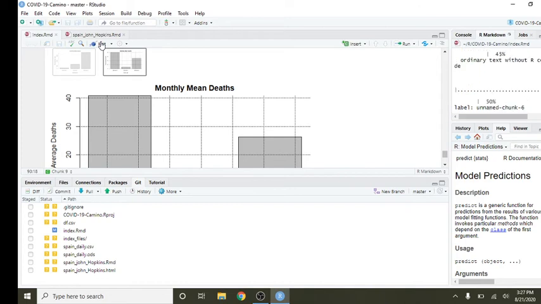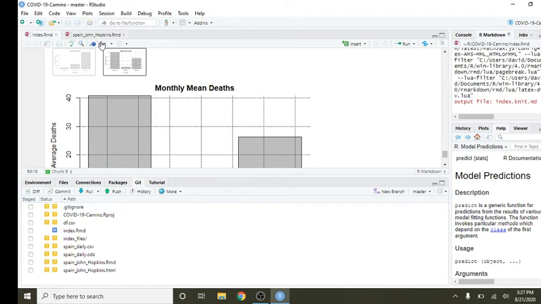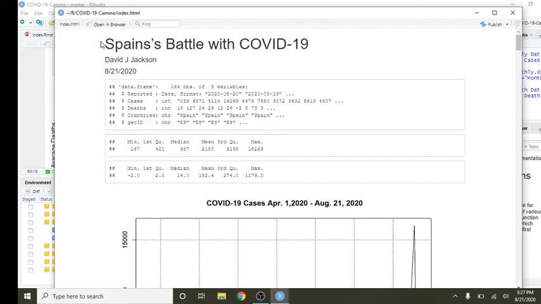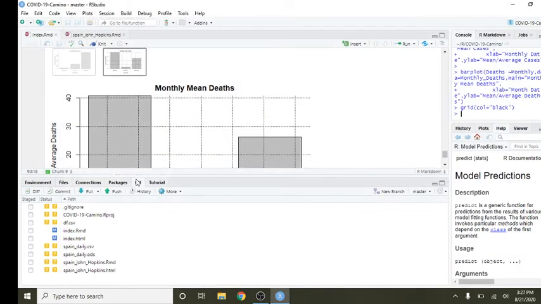Spain. Spain's situation is still not good as far as cases, but I would say deaths are not really keeping up with cases, which is probably something that's being overlooked by the powers that be. Now, all I got to do is just update the website.